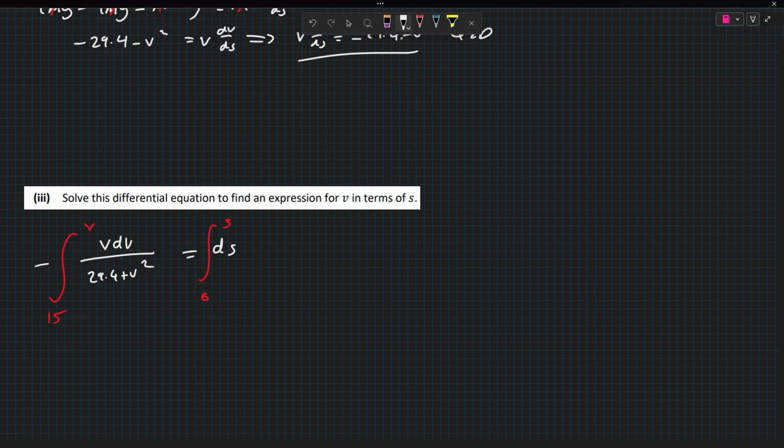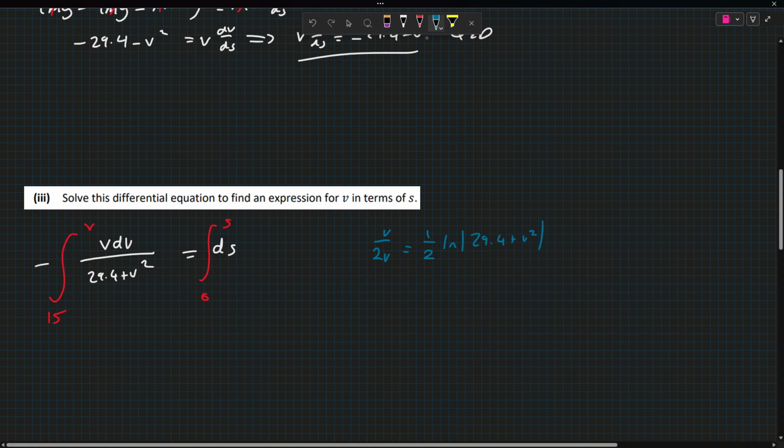If you remember partial fractions, you can use the fact that if you differentiate the bottom, we get 2v. So v over what it's differentiated as gives 1/2, which is the scaling factor we need. So that's 1/2 natural log of v squared plus 29.4, which is the integral of this.